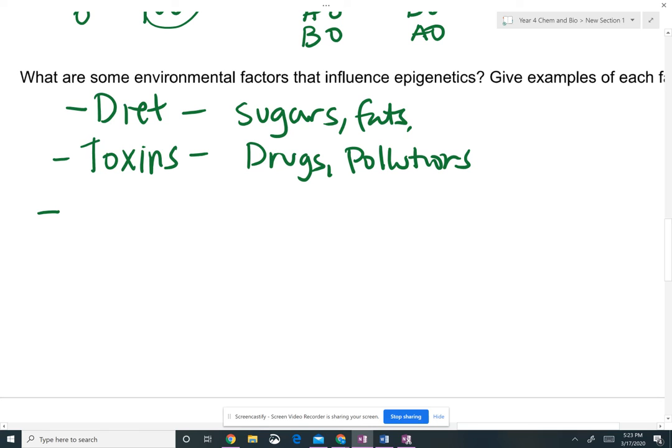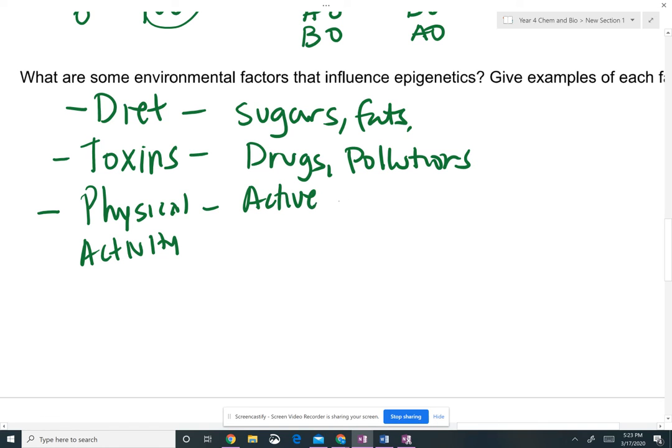And then your other thing is going to be physical activity. So how active you are or how not active you are can influence your epigenetics.